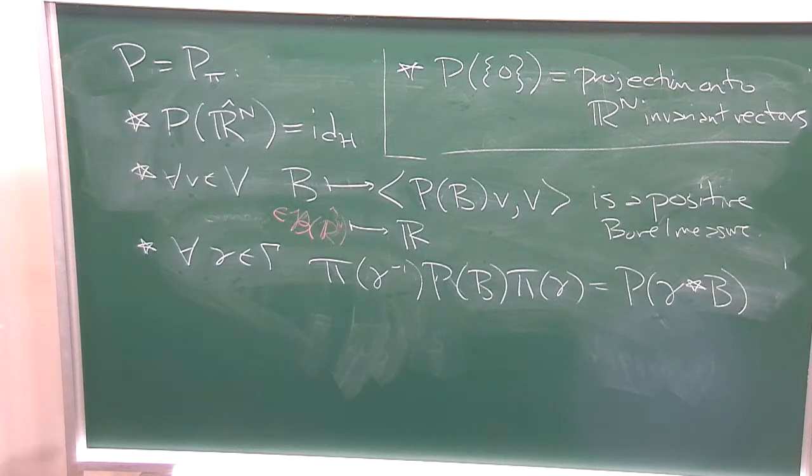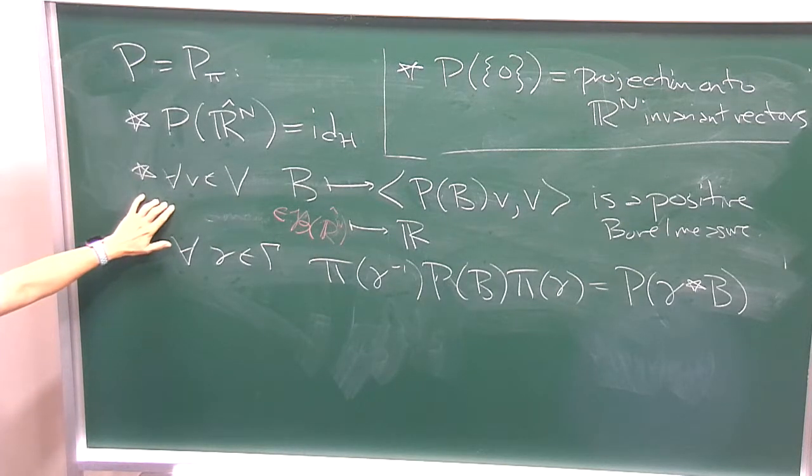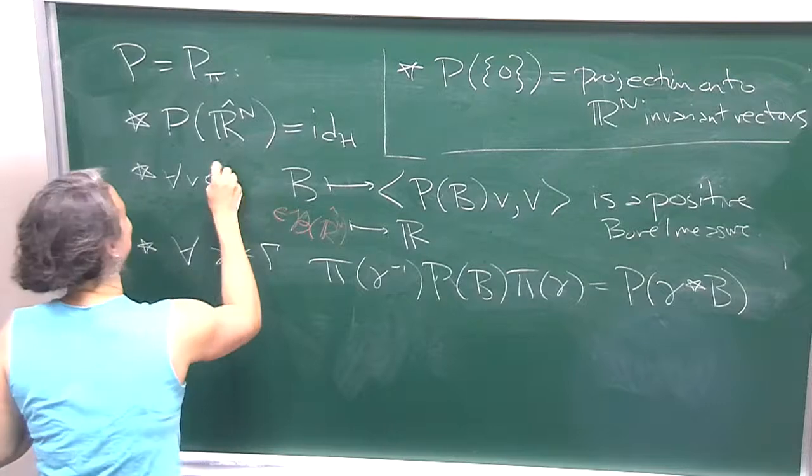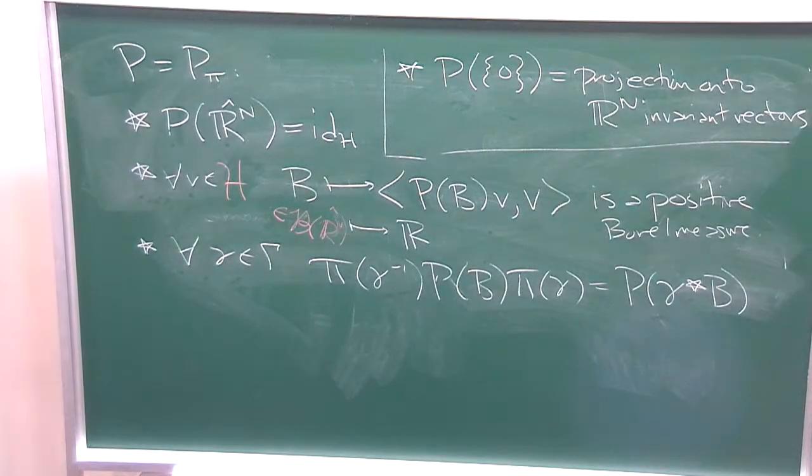Okay. Second star, for all B in H, possibly. Your vector is in H. Oh, sorry. Yes, B, sorry. I've been calling the subgroup H, and sometimes the H and the H kind of get in the way of each other, and so sometimes I switch to V. Sorry. Yeah, thank you.